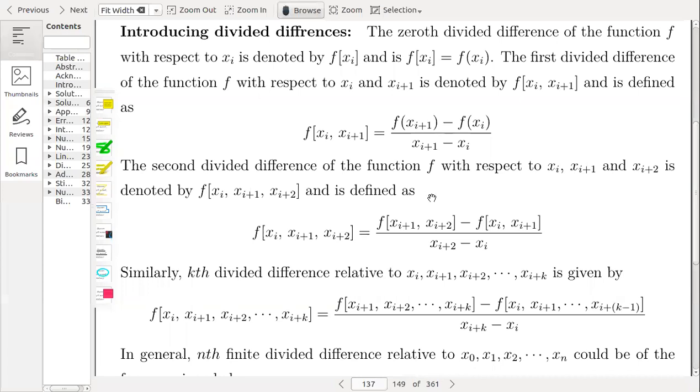To calculate this second divided difference, we will calculate this term f[xi, xi+1] using this formula. So here we can replace it with f(xi+1) minus f(xi), over xi+1 minus xi.